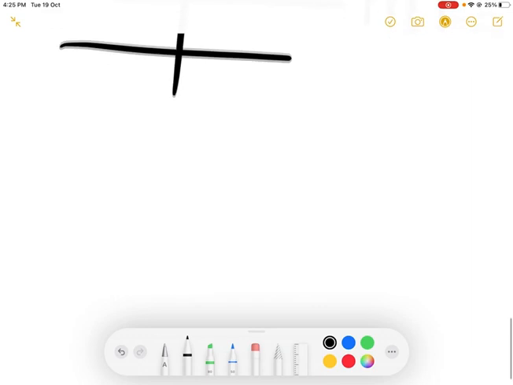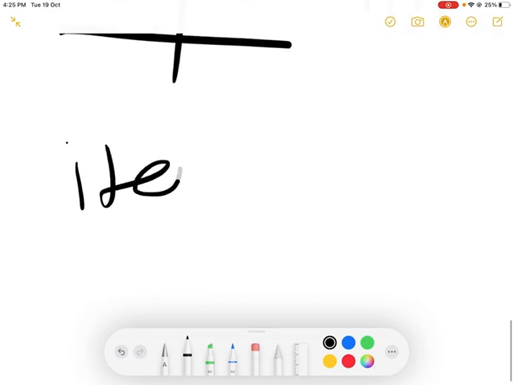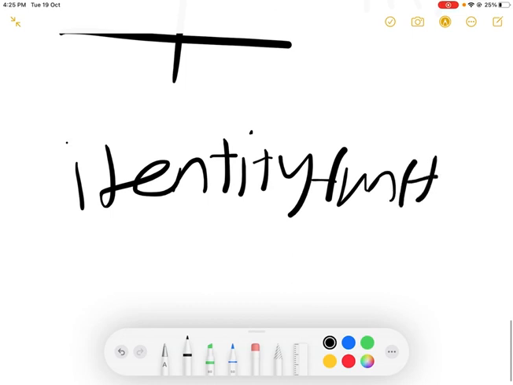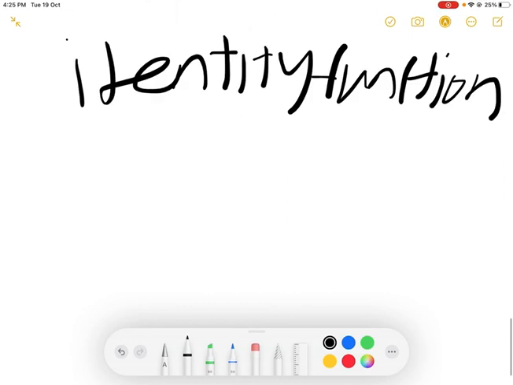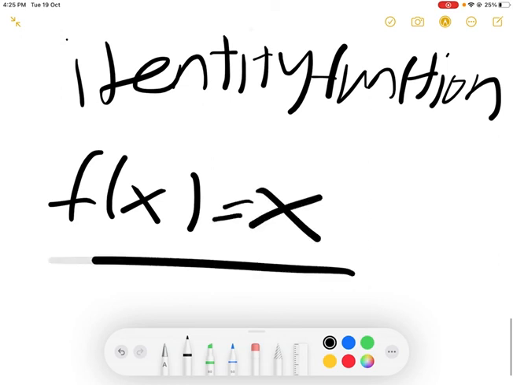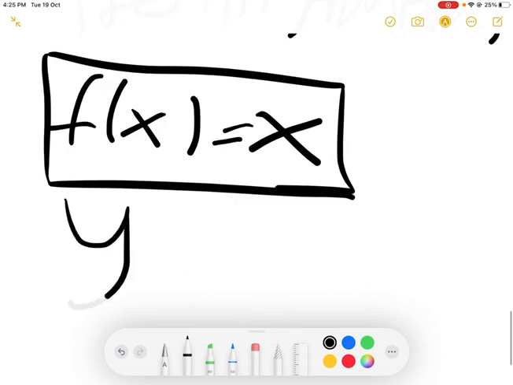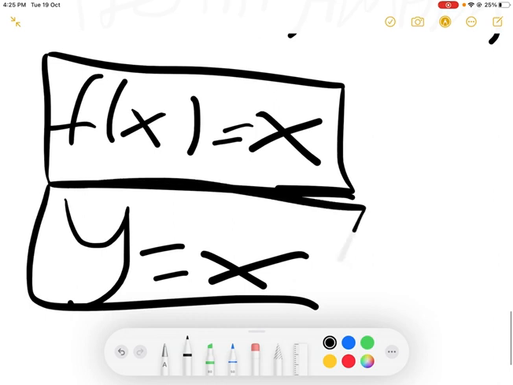And if it's an identity function, y equals x, which will just be a line. And this is how you identify the type of functions from a graph.